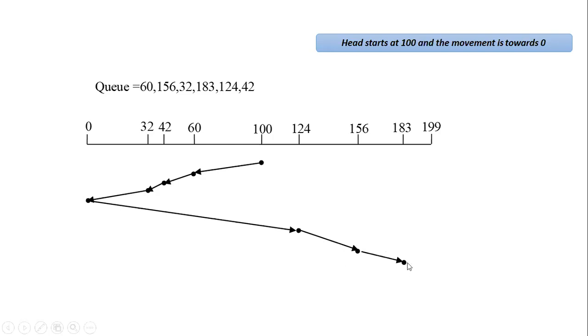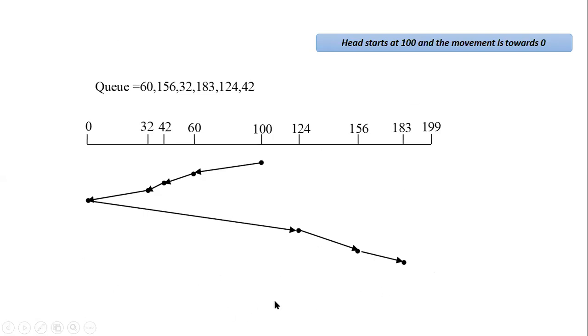So this is our last request. So this is how scan algorithm works. Now it moves towards 199, and when it reaches there, it starts its journey back towards 0, servicing all the requests on its path. Once it reaches 0, it again goes back to 199, servicing all the requests on its path. This is how scan algorithm works.